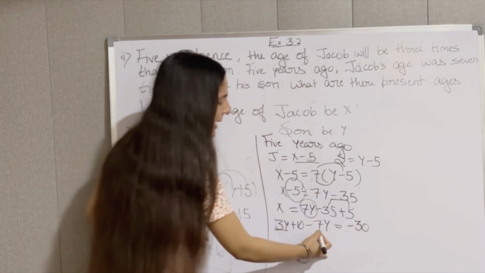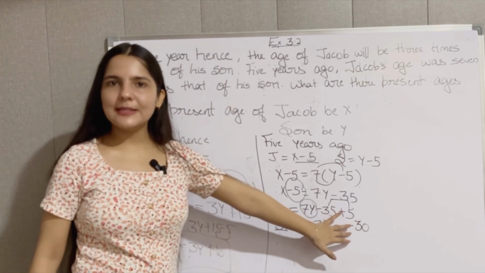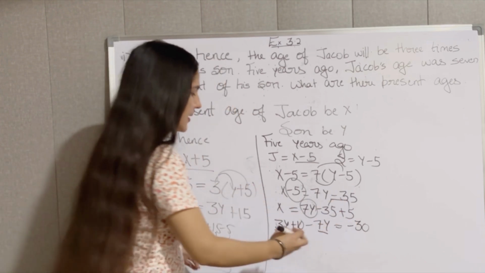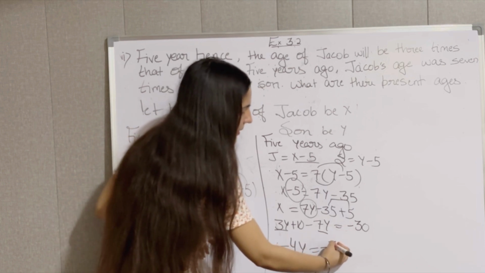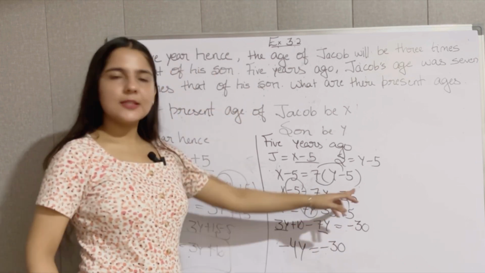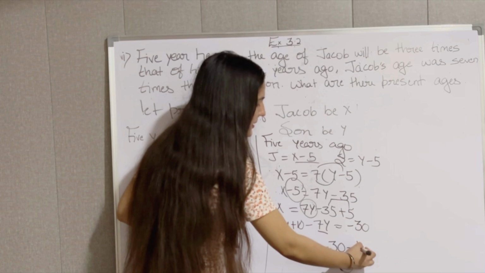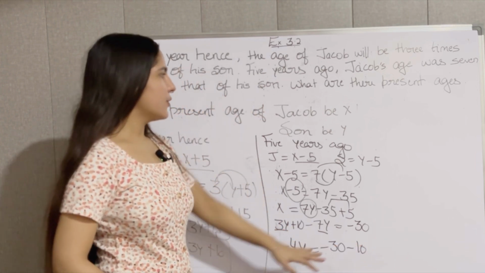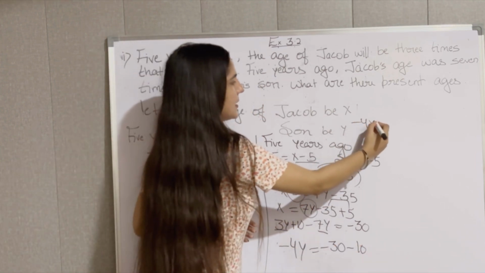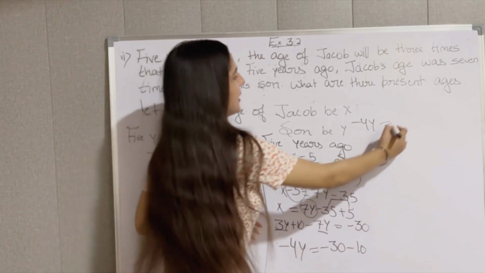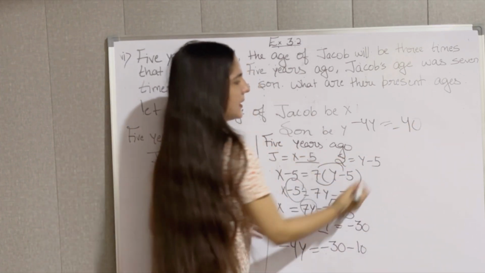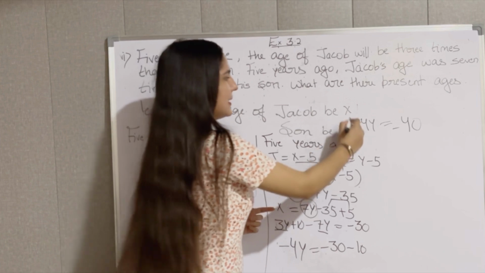Now 3y and 7y both have the same variable, so 3y minus 7y gives minus 4y is equal to minus 30. Now we'll transfer this 10. It will go to minus, so minus 10. Now we have minus 4y is equal to minus 30 minus 10, which is minus 40. Now this minus and minus will be cancelled out.